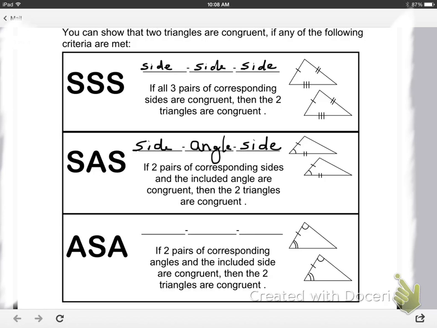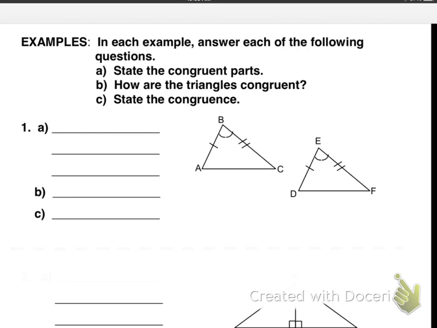We also can prove congruency with angle, side, angle, but again, they have to be connecting. They have to be the corresponding angles and the included side that's between them. So the other way to prove congruency is angle, side, angle. So those are the three methods that we're going to use as we go forward and start doing proofs of triangle congruency.